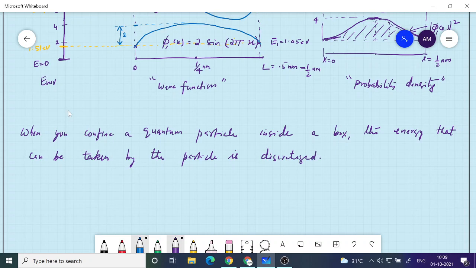It can only take certain discrete energies; it cannot take anything in between.